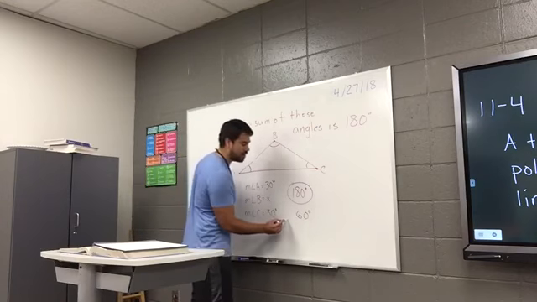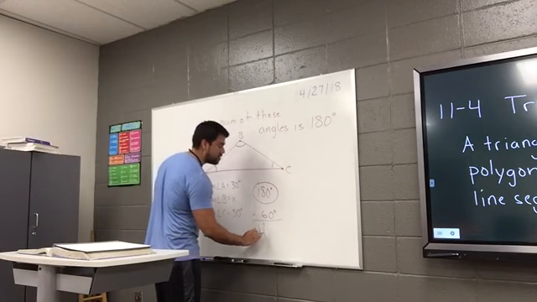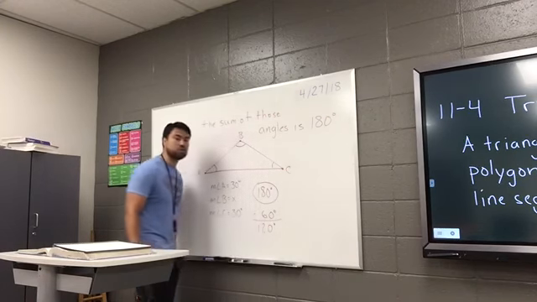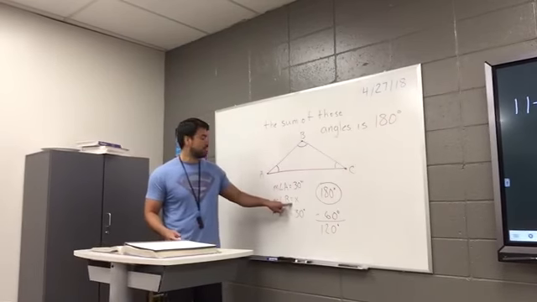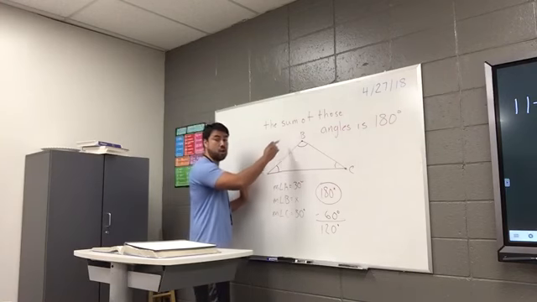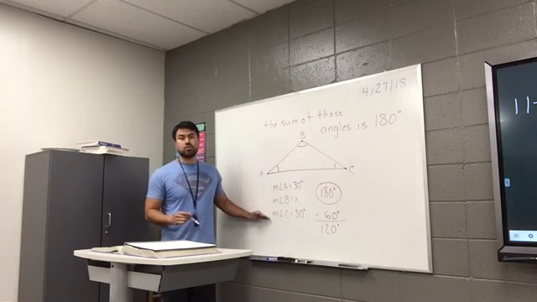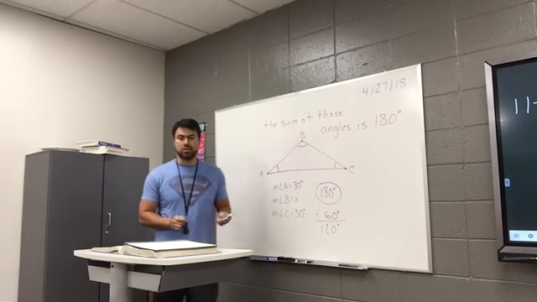And I hope you've talked it over and you figured out that you subtract these two and you get your 120 degrees, and that would be the measure of angle B. So you can do that with any triangle, whether it's drawn or if they just give you the angle measurements. So that is something you're going to have to do on your homework.